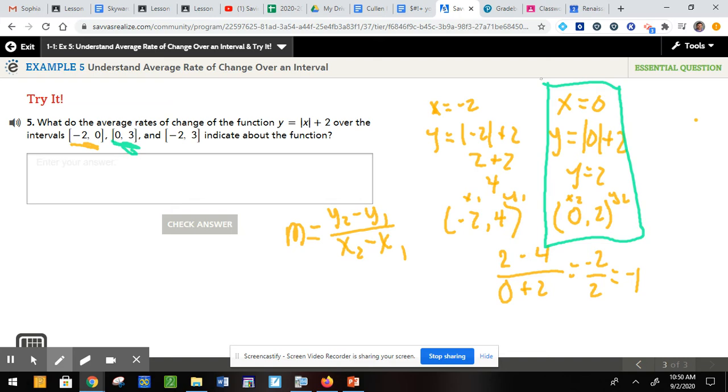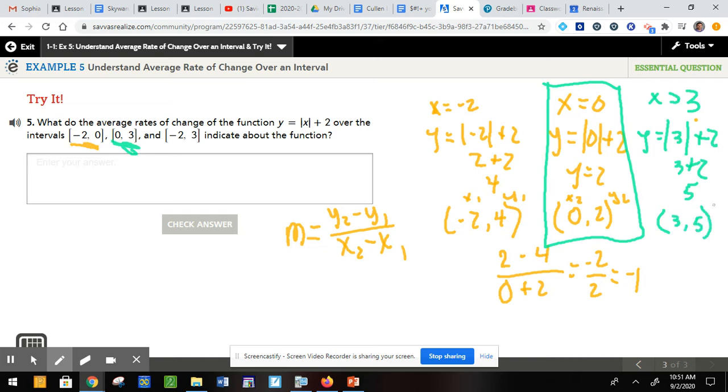So I already have that information done. Now I just need to figure out when it's an x value of 3, what's the y value? So y is equal to absolute value of 3 plus 2. Absolute value of 3 is 3, so 3 plus 2 is 5. So the ordered pair would be 3, 5.